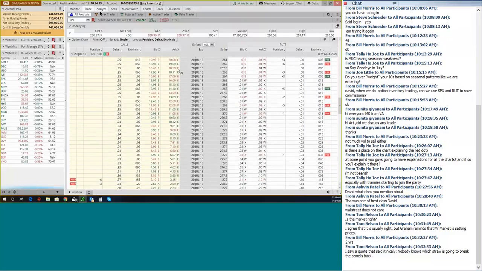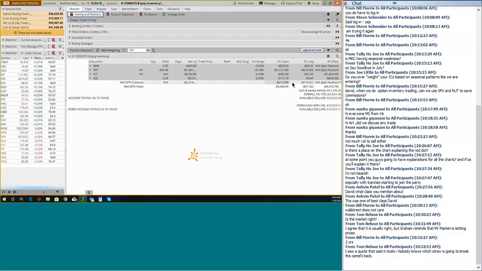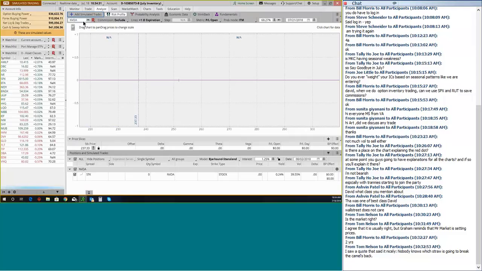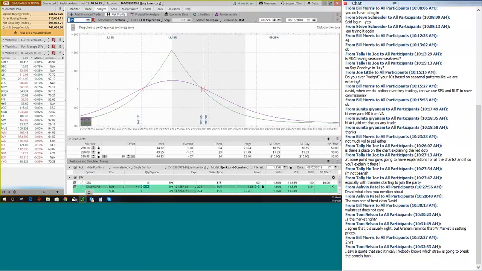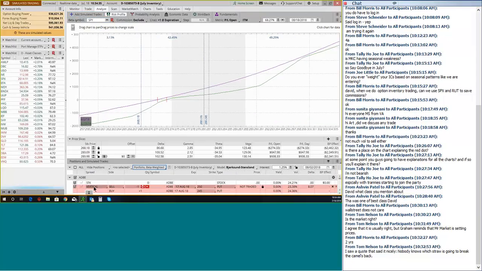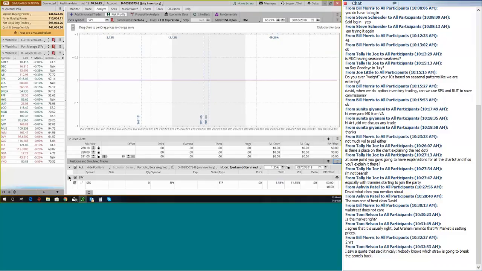Now really quickly, you notice that we are down a couple $100 on this inventory. The SPY is down a lot, but IWM's up quite a bit. So in total, we're down a couple $100 on this inventory. Now, if you recall, I do a beta weighting on this for all the July inventories, and let's delete simulated positions here, delete simulated trades.